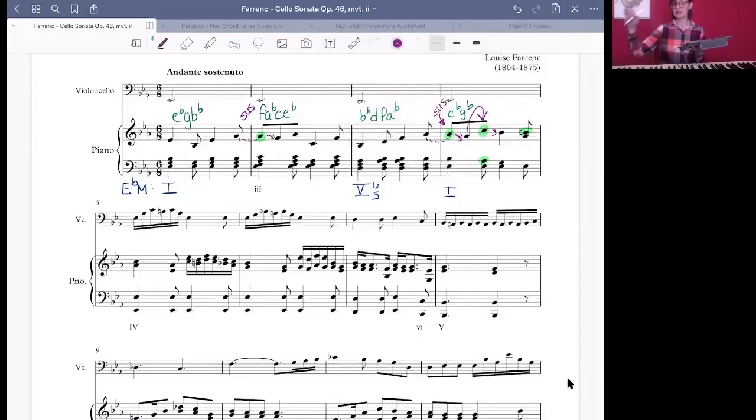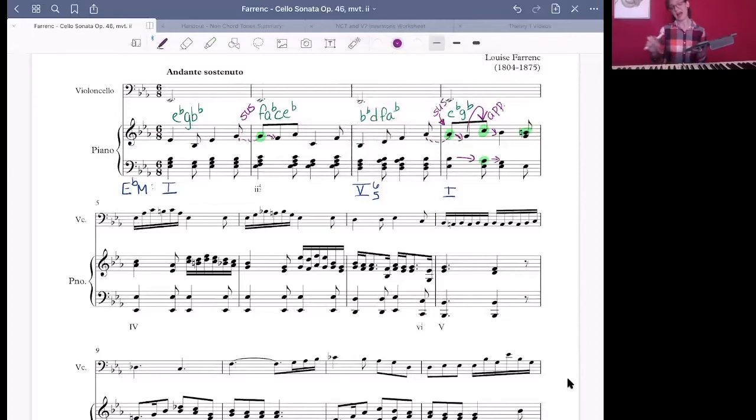Leap to it, step out of it. Look at your handout. That second box is our leap and step combos. And that tells you leap in, step out, nice appoggiatura.